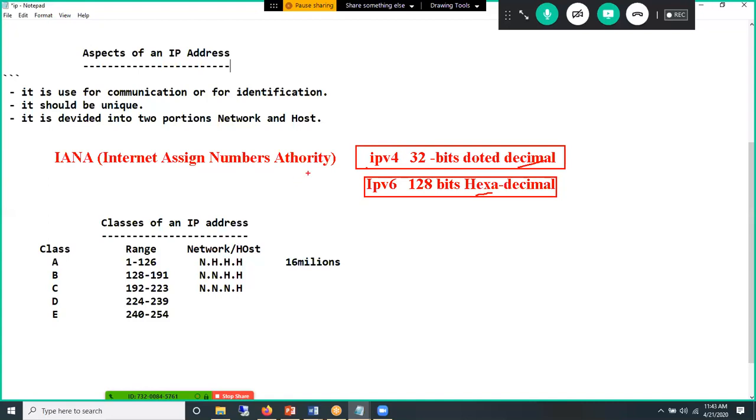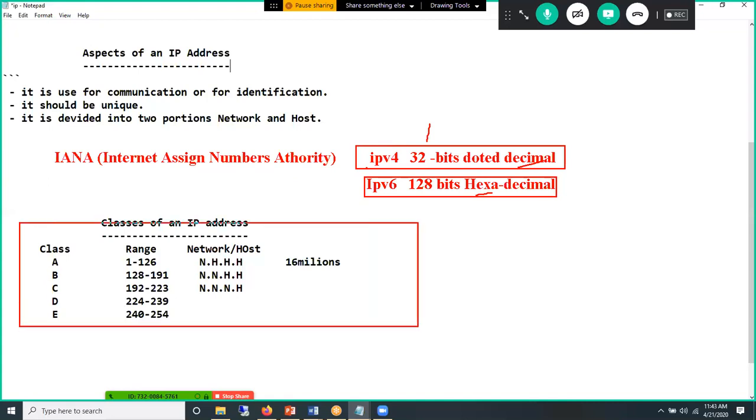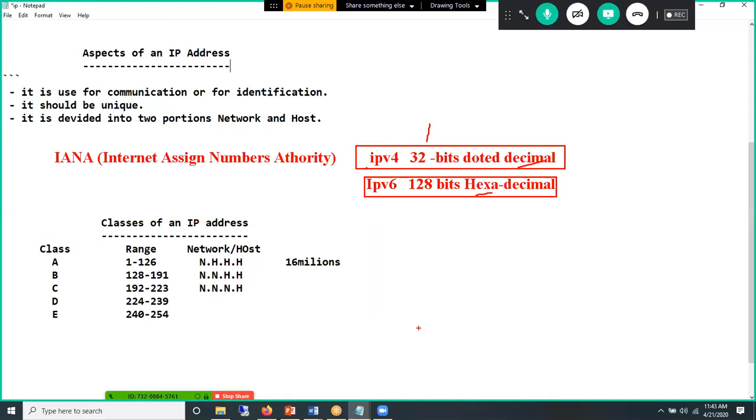So when INA came to the market and released IPv4, in IPv4 they gave a total of 5 classes, or you can say 5 ranges of IP addresses. Apart from those 5, when you try to configure an IP address for communication, only 3 classes you can configure.